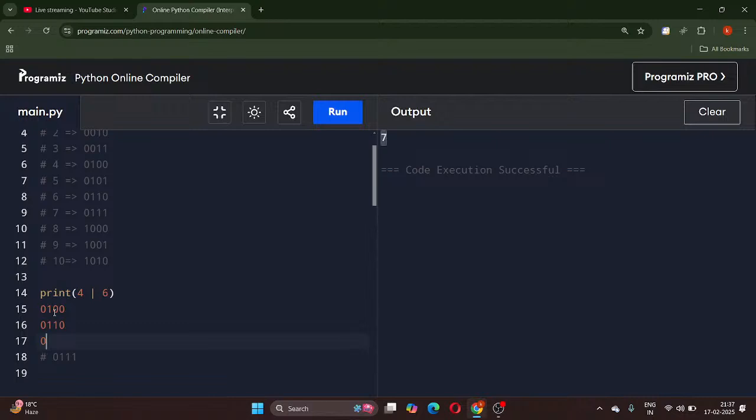So 0 plus 0 is 0, 1 plus 1 is 1, 0 plus 1 is 1, and 0 plus 0 is 0. This is the final answer, which is nothing but 6 itself. Let us run it again. And yes, it is 6. So this is how the OR operator works. I hope this is very clear.